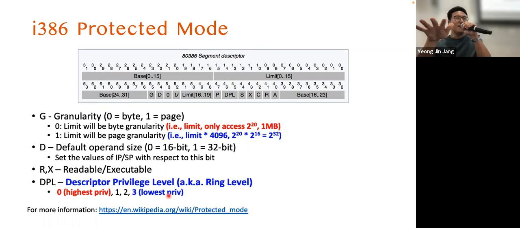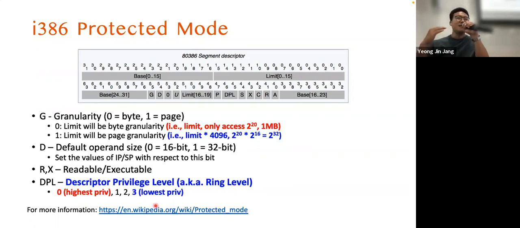I believe that right now, on your computers, if it is not an Apple M1 processor but Intel or AMD, your operating system runs on privilege level 0, while all the other applications, for example Google Chrome or VS Code, that kind of editor, all run in the lowest privilege level.